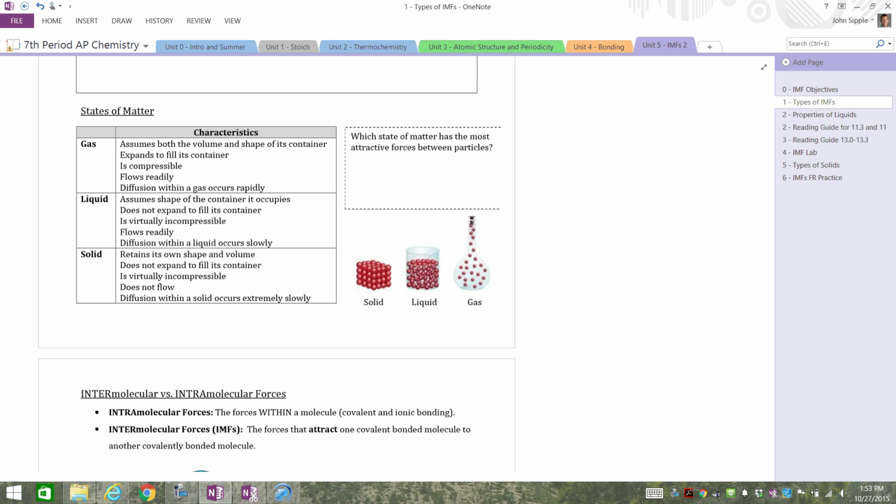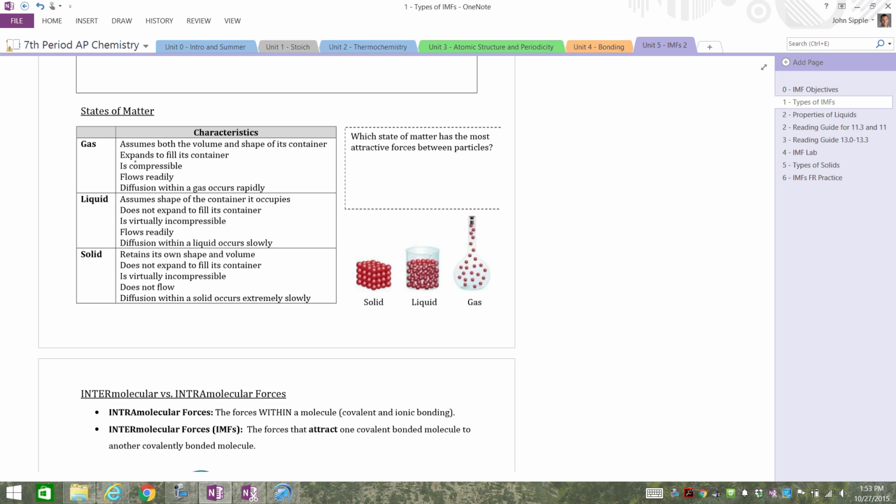Hopefully these are a total, complete review. This is what a gas does. Its particles are moving fast. It's compressible. It takes the shape of its container. It diffuses throughout its container. Liquid is the same sort of deal, and solid. It's basically talking about particle movement.